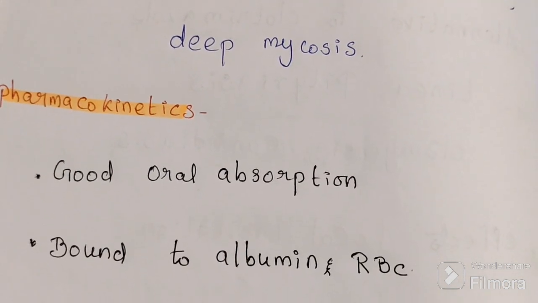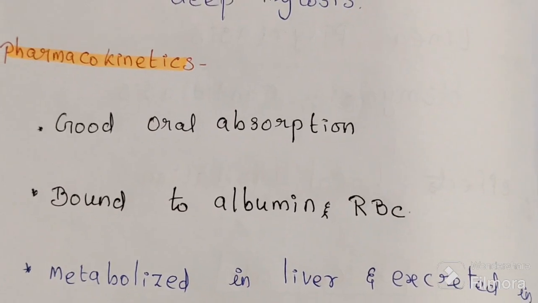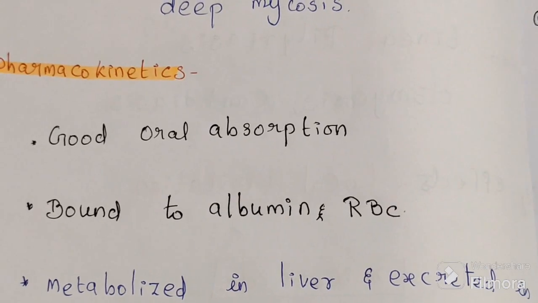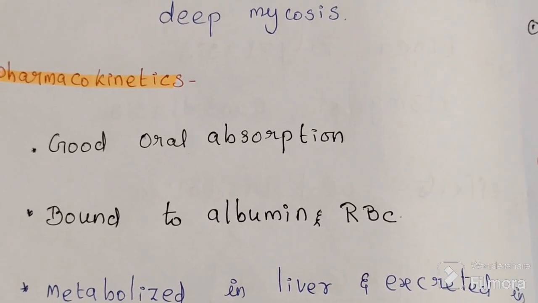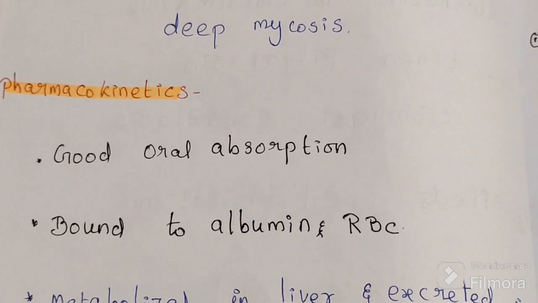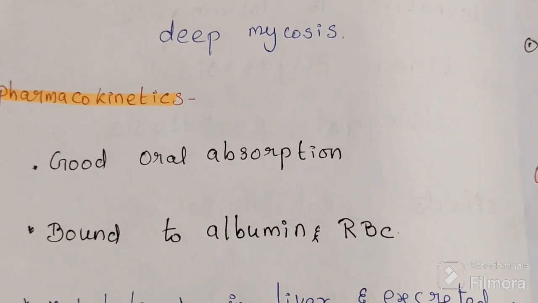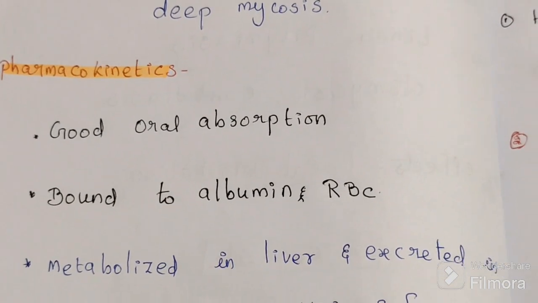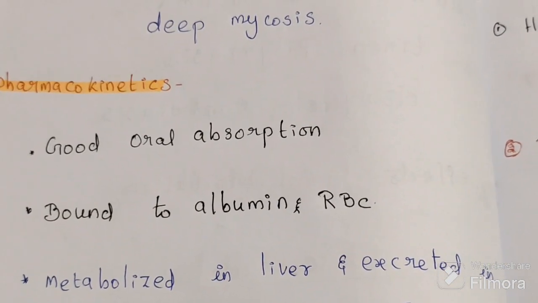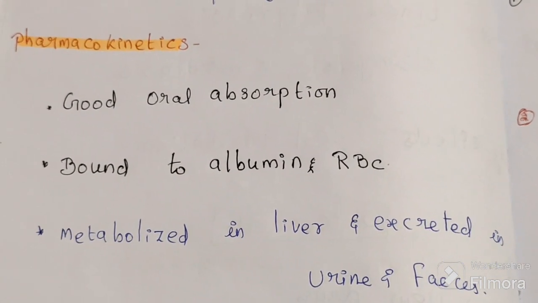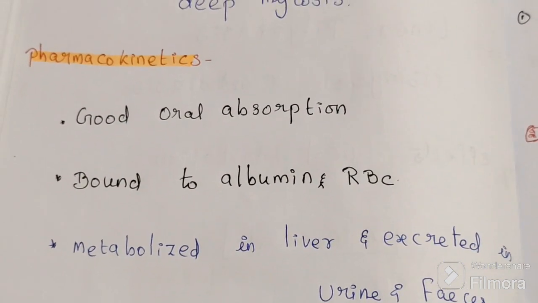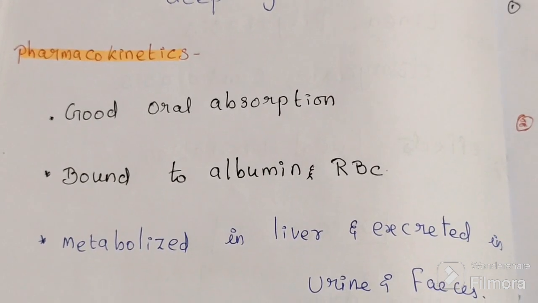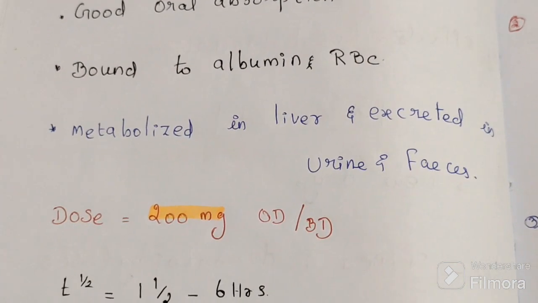The pharmacokinetics of ketoconazole: it has good oral absorption, is bound to albumin and RBC in the body, is metabolized in the liver and excreted in urine and feces.